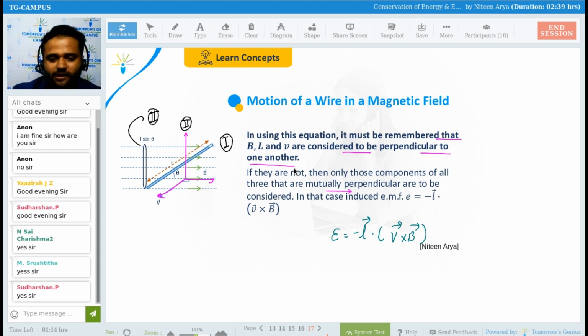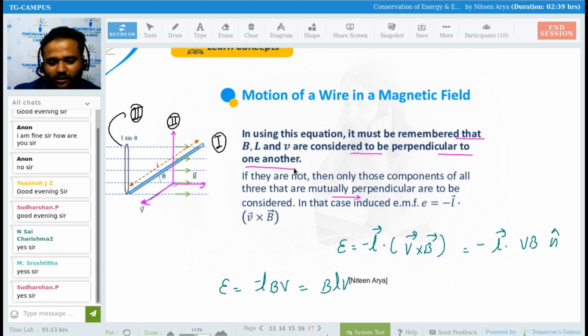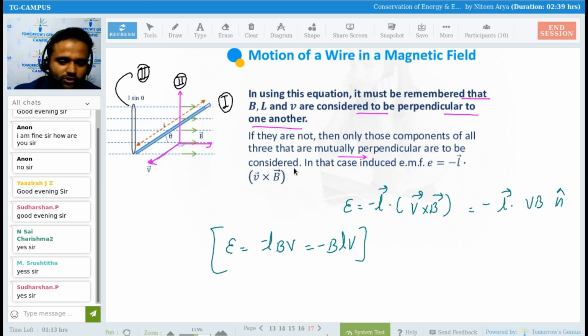V cross B is in this perpendicular direction, so L dot V cross B gives VB times N, and N is in the same direction as L. Due to the minus sign, it equals minus L BV, or BLV. I like to pronounce and write it this way, simpler looking for me at least. You can write in your own choice. Clear? Good.